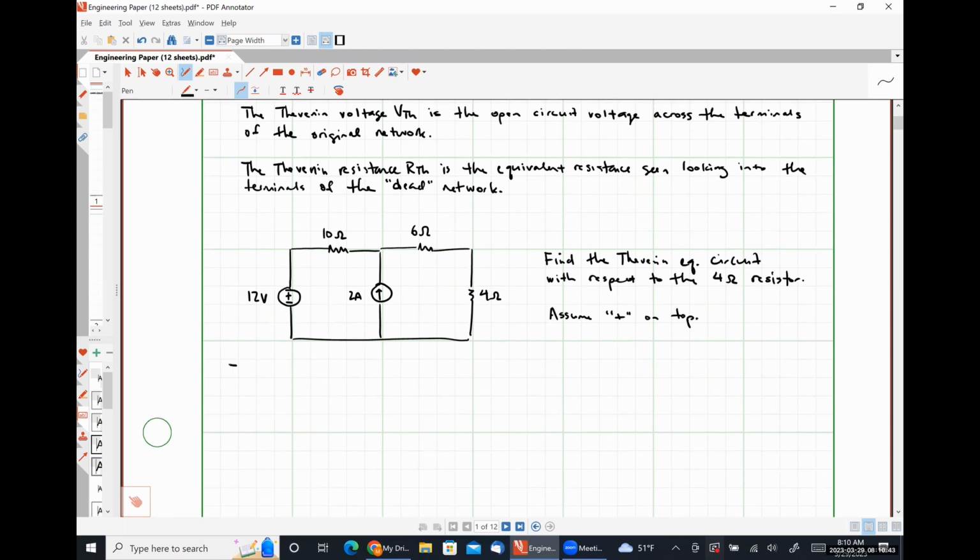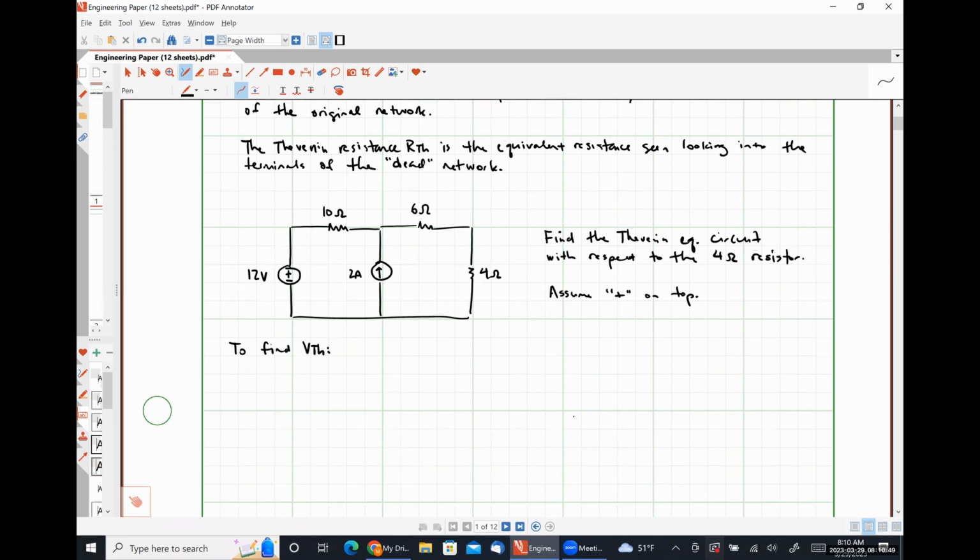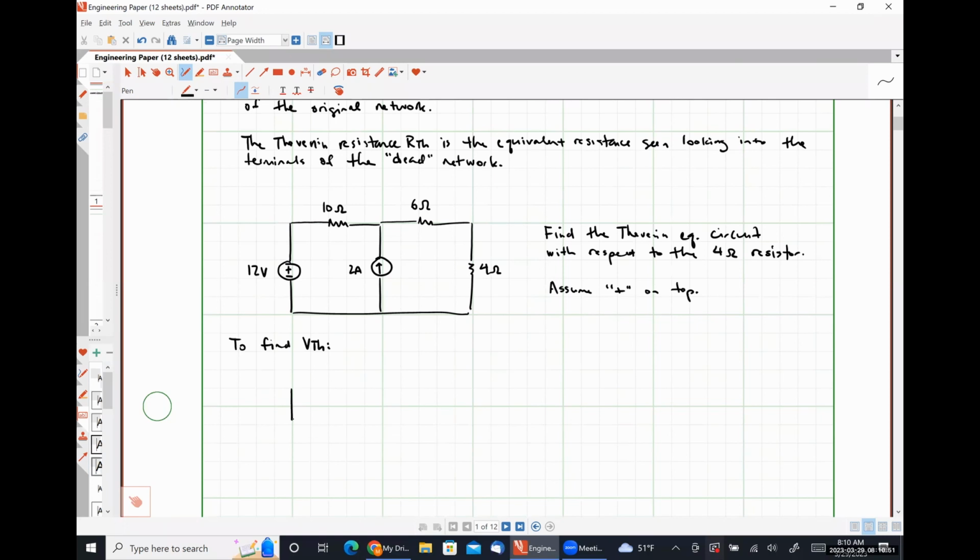So to find V Thevenin, we are simply going to analyze our original circuit with the 4 ohm resistor gone.